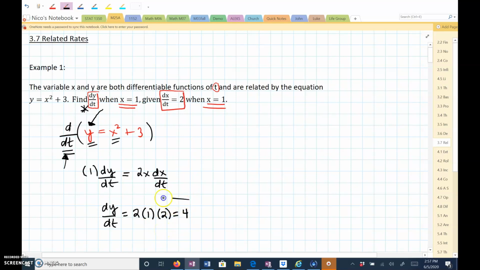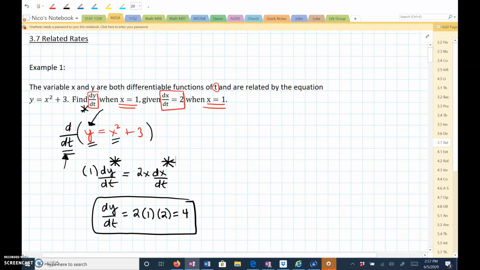So I figured out dy/dt is 4. They call it related rates because this rate here, and rate is another way of saying derivative, rate of change, and this rate are related to each other within this derivative equation.